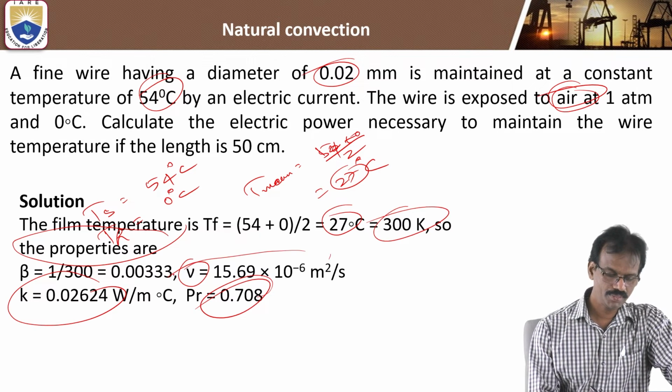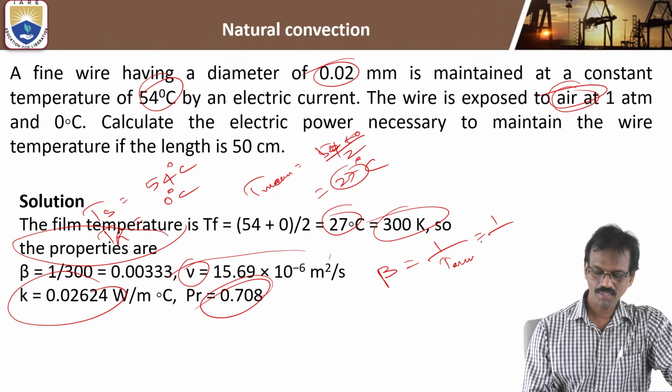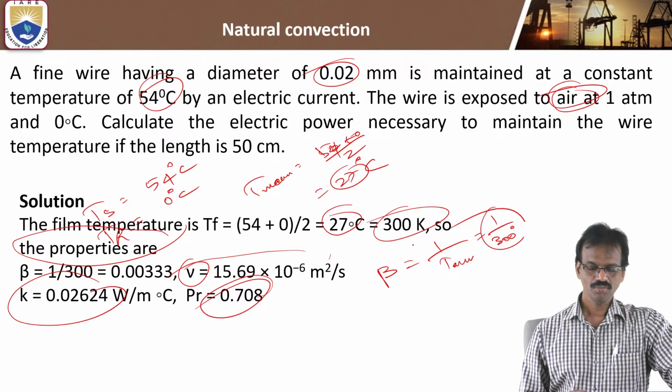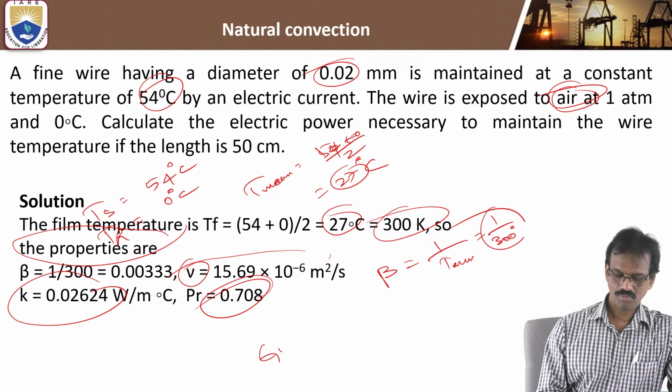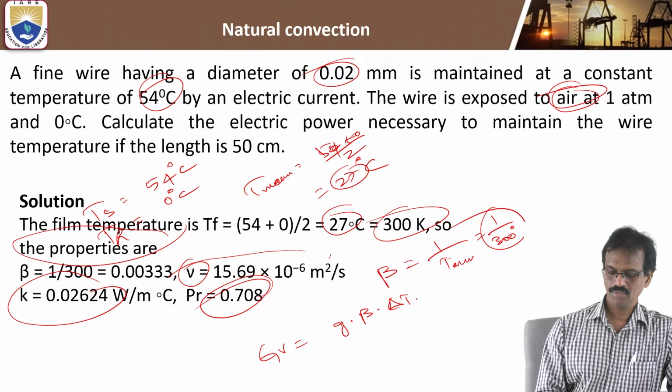You can also find out beta. Beta is nothing but 1 by T mean, 1 by 27 plus 273, 300. So this is the beta value. Then you can find out the Grashof number. Grashof number is equal to g into beta into delta T into Lc cube by nu square.